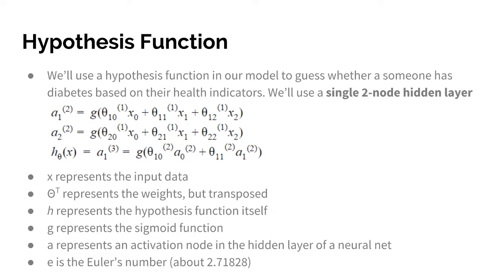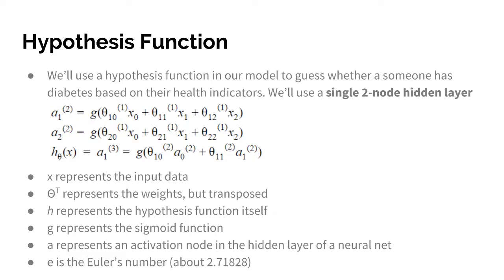All we have to do now is just repeat the process. Our third layer has 1 output node, which is whether or not they have diabetes. To calculate that, we multiply our 2 activation node values by a different set of weights that belong to the last output node.